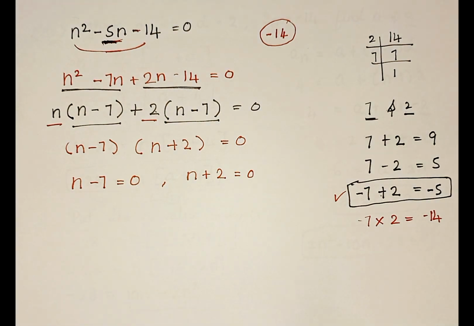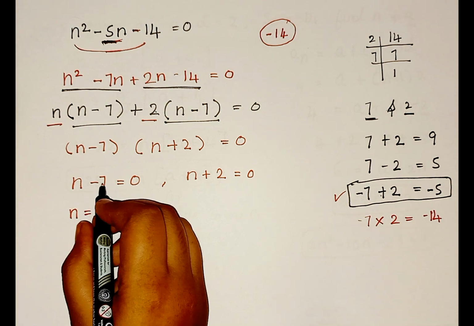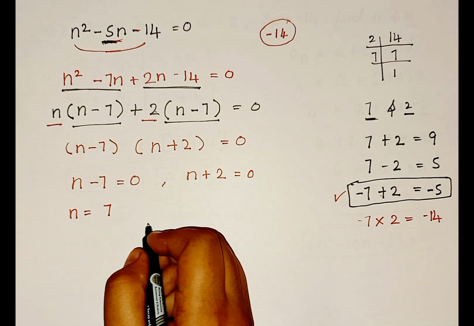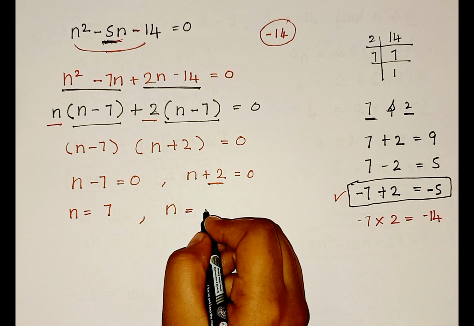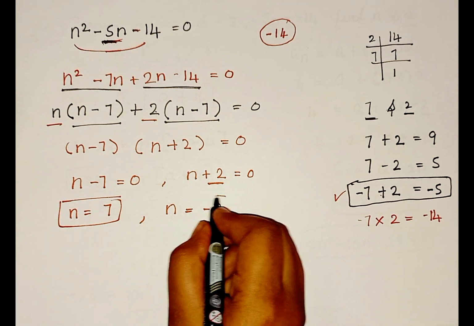I am just doing it fast. Why? Because we studied this in 4th chapter, isn't it? That's the reason. Now n is equal to 7, when minus 7 comes to this side, it changes into plus 7. And here also, when plus 2 comes to that side, it changes into minus 2. So finally we got the n values, isn't it?